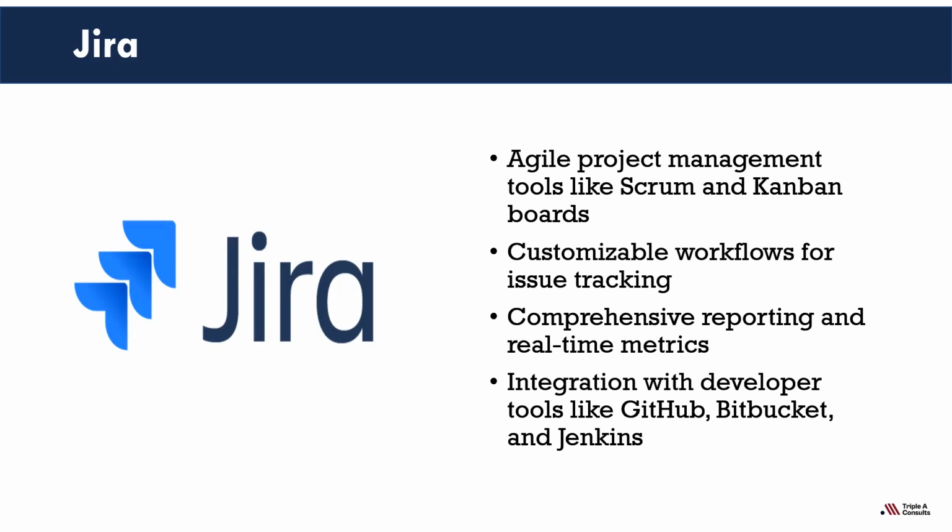When you also have other things to do within your project, they have a lot of features, whether it's procurement, legal, contracting, regular project management, developing a schedule, and things like that. They've got all this within Jira, and they have a customizable workflow for you to track your issues.